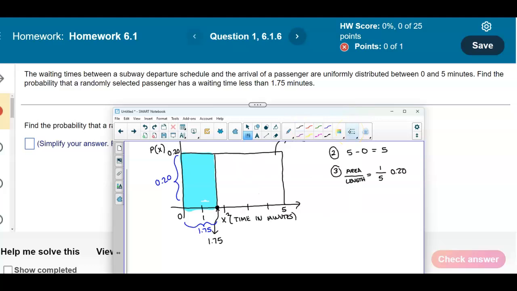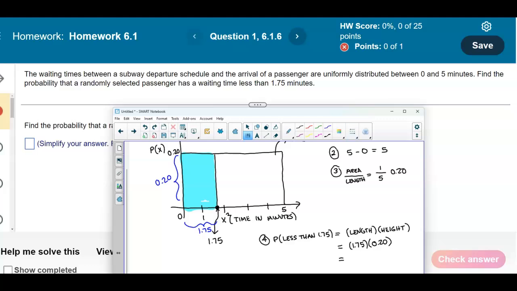So now in step number 4, we want to find the probability of a waiting time less than 1.75 minutes. That's equal to the length of the shaded region times the height of the shaded region. We know the length is 1.75 and the height is 0.20.